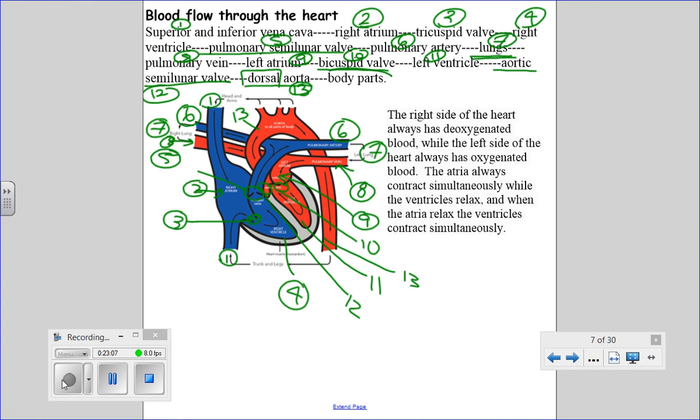And then finally, body parts. So any other organ that is receiving blood would be getting it from a branch that comes from your aorta. So after your aorta, you'll see these little branches here. Anything that is upper body gets one of those branches. Anything that is lower body comes off of that big branch of the aorta that goes downwards.